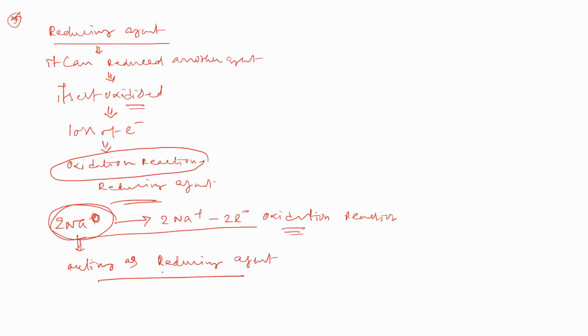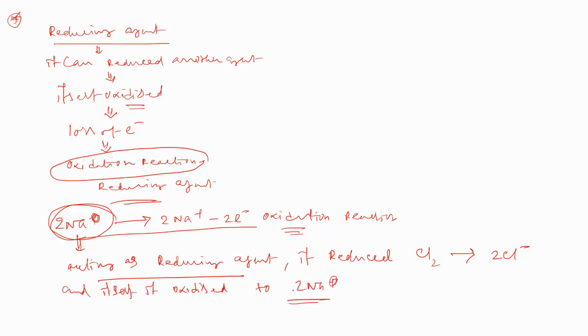So here the sodium acts as a reducing agent, so it actually reduces Cl2 to 2Cl minus and itself is oxidized to Na plus. So this is the basic idea that I will write here.